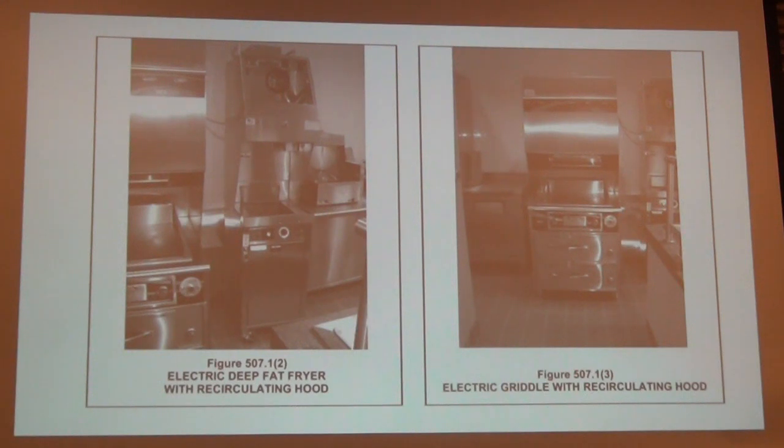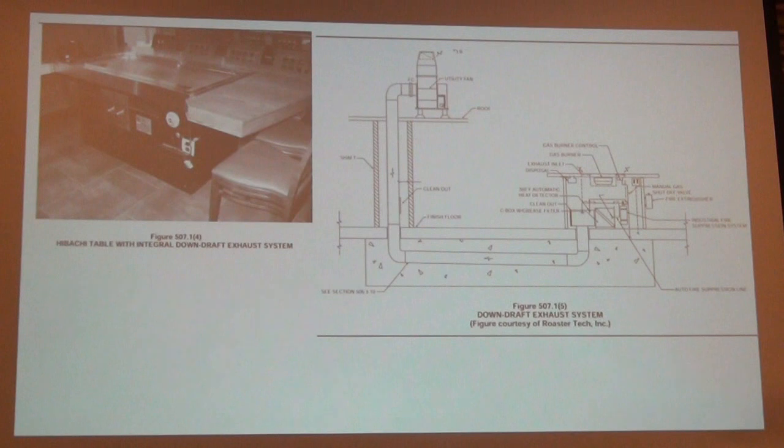Here's an electric griddle with a recirculating hood. So what they're saying here, you're not out of the ballpark completely. You just can't say there's no exhaust required because I got a recirculating hood. You still have to provide that 100 CFM of exhaust for each appliance and still provide the heat load calculation. Exactly. Here's the downdraft exhaust system again.